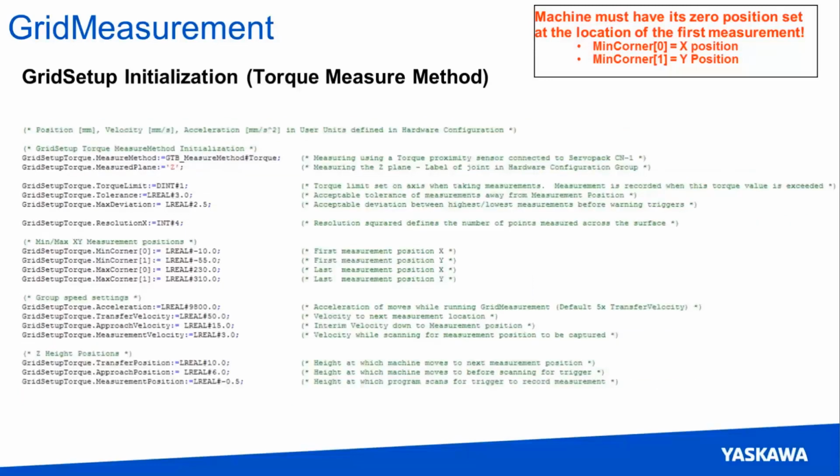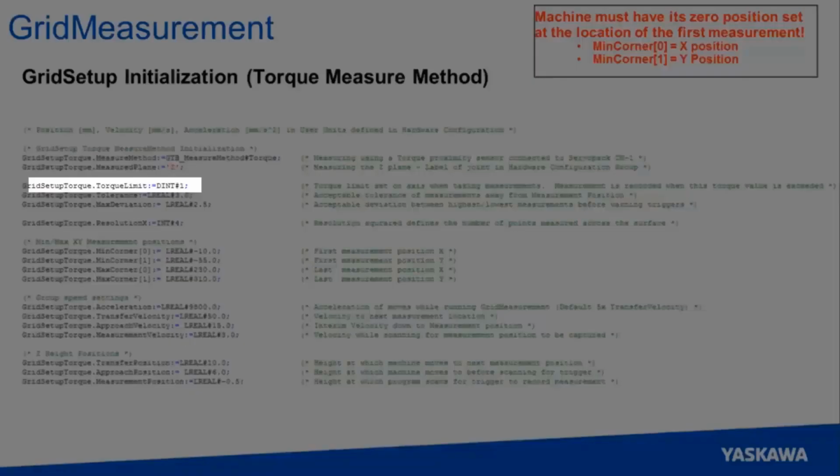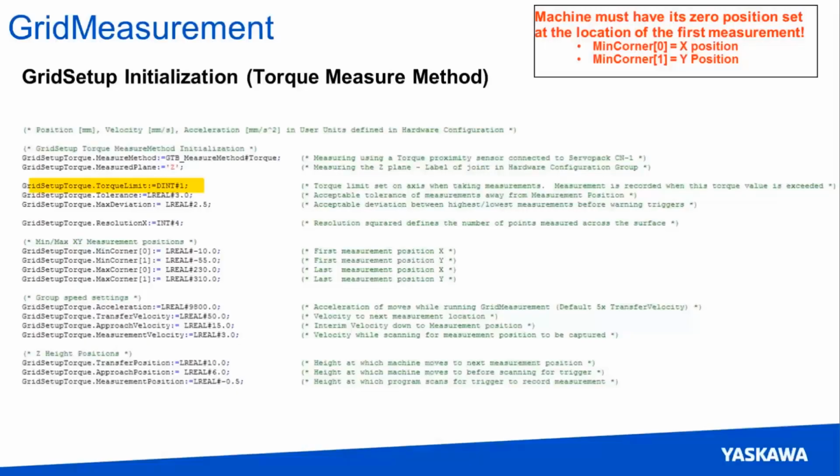Next is torque. The thing that torque has that the other two didn't is the torque limit. In this example of initialization, I'll be setting PN 403 to 1% rated torque when it's taking the measurement and moving into the measurement position. So it sets the PN 403 and then also is reading MC read actual torque and waiting for the output of that to hit 1, at which point it records the position and moves back up.